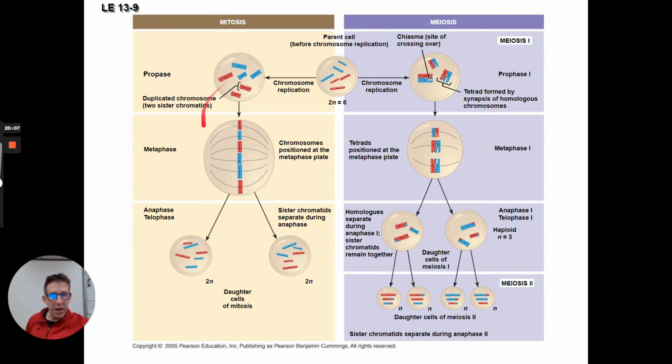So utilize this. I'm going to probably come back to this diagram live so that we can talk about it in more detail and break it down, so that I can ask you questions about how many chromosomes are in each cell, and we can distinguish between haploid and diploid. I think this will be a really good study tool for you when you study.